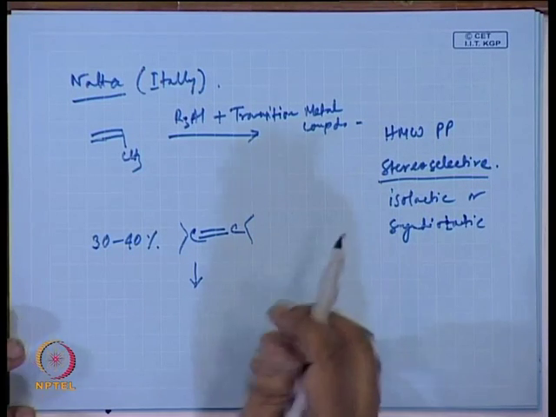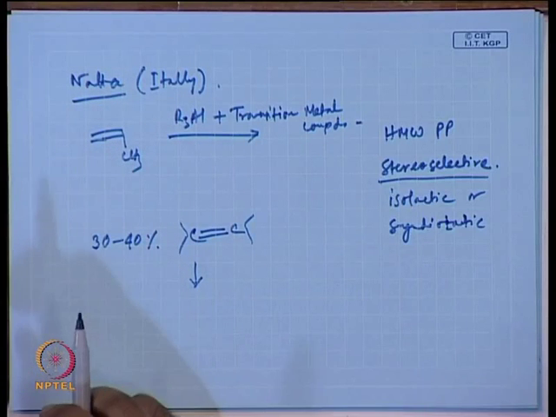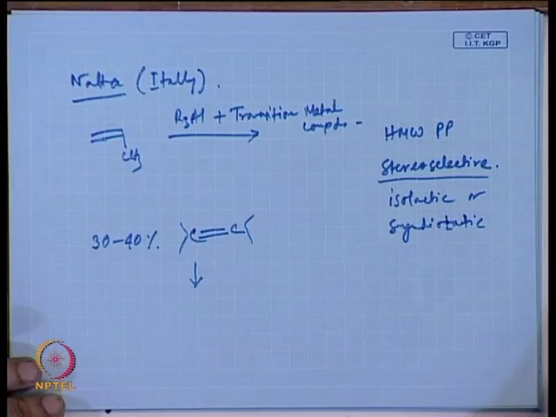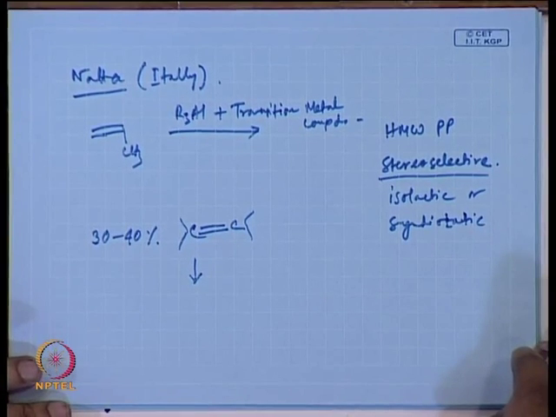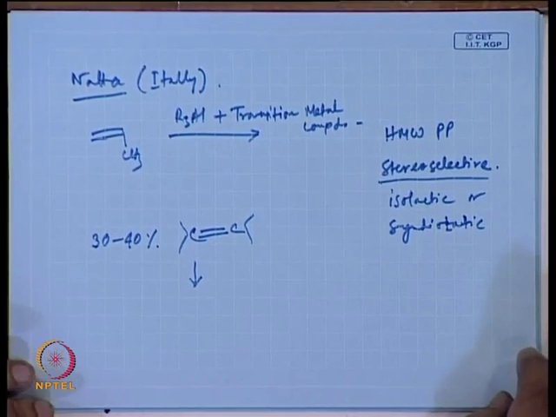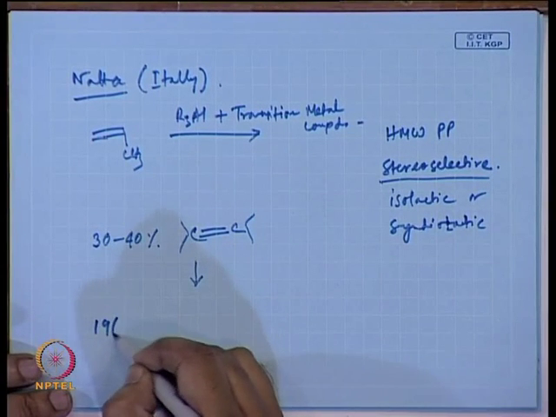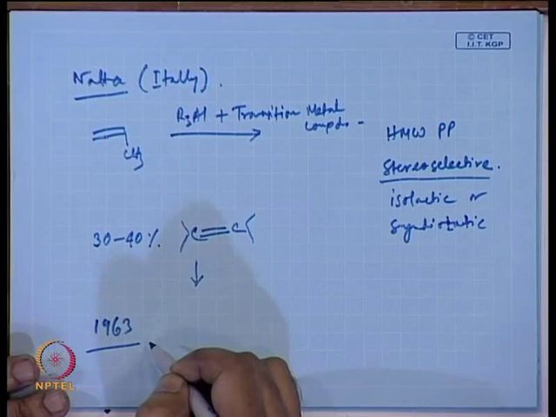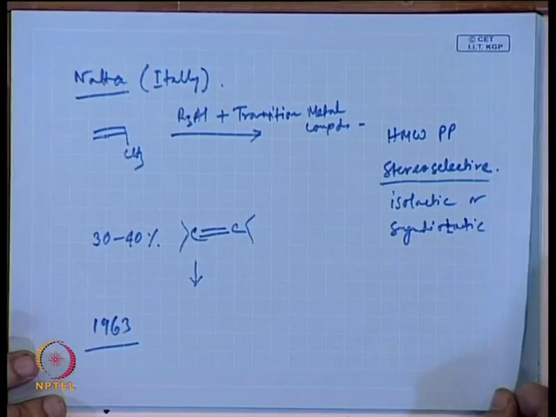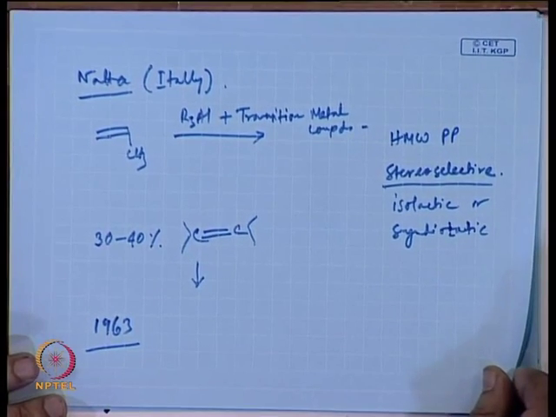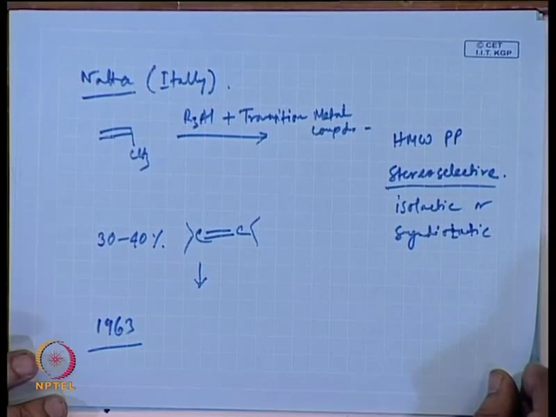So, imagine the tremendous effect it has. This discovery by Ziegler and Natta has made a huge impact in polymer chemistry, which gave recognition to them in 1963. They were jointly awarded the Nobel Prize in Chemistry.